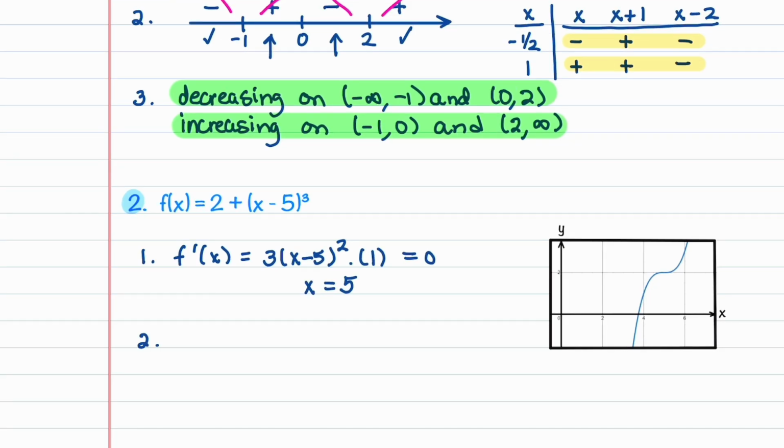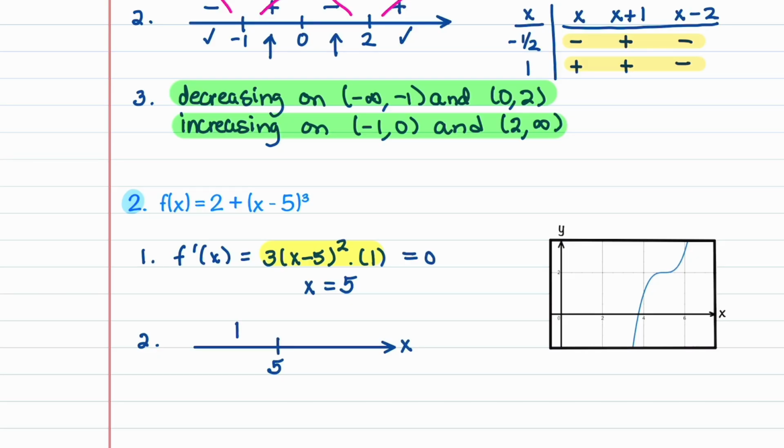For step 2, we are going to draw our number line. And this time we only have one point to put on it, and that is x is equal to 5. Now we need to find the value of f prime to the left and right of 5. Let's go ahead and highlight this because that's what we have to look at. Notice that that is a function that is squared, so it is always positive.